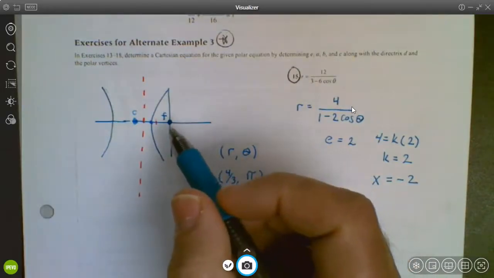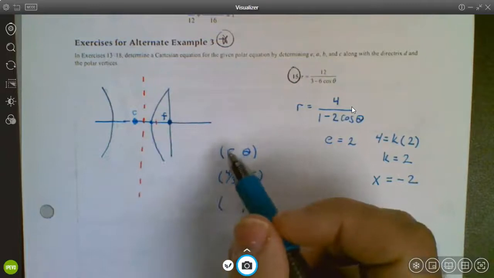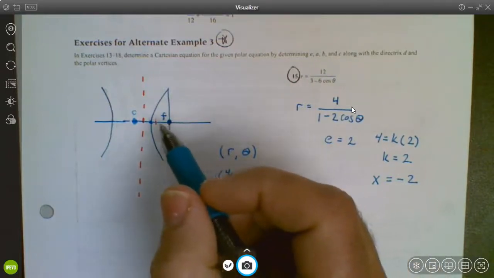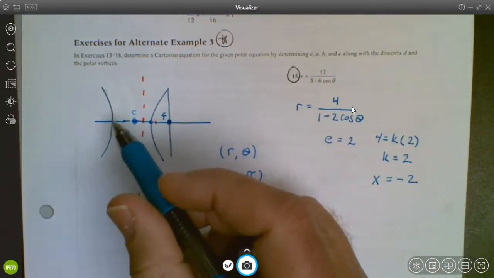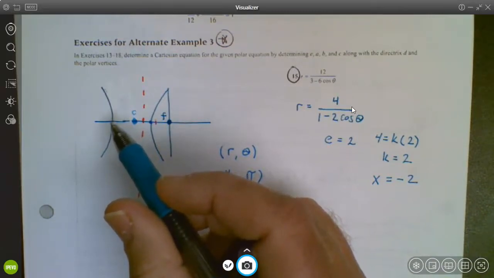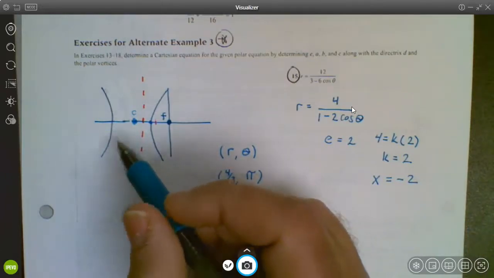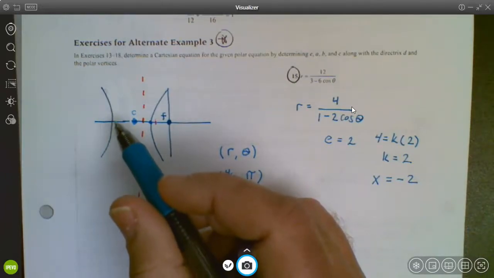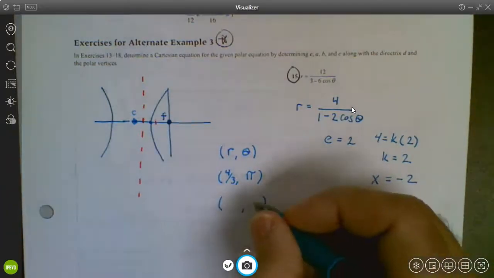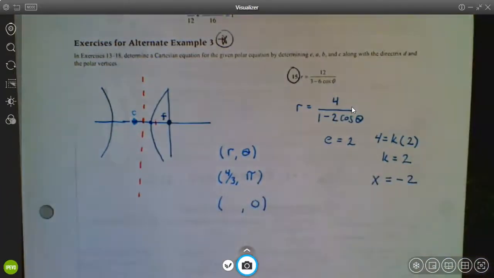Essentially, if I were to go with my radius in the negative direction, I would be right there, and then from there I can go 0 degrees. I don't have to travel anywhere from there. I would be on that point. And so they're going to plug in 0 for this.